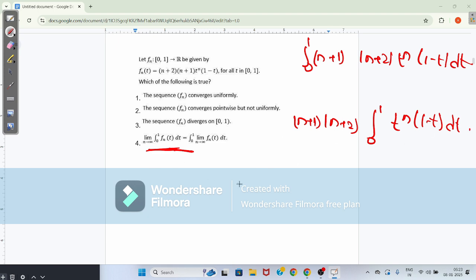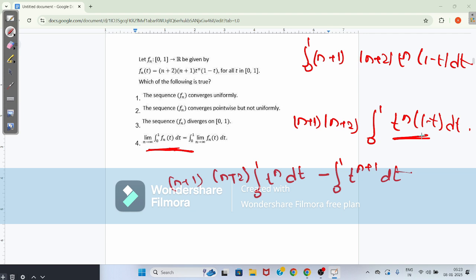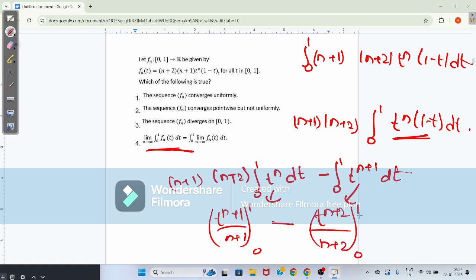This value becomes n plus 1 into n plus 2 into the integral from 0 to 1 of t power n dt minus the integral from 0 to 1 of t power n plus 1 dt here. Okay, when you integrate t power n, the value becomes t power n plus 1 by n plus 1 from 0 to 1, and minus t power n plus 2 by n plus 2 from 0 to 1 here.